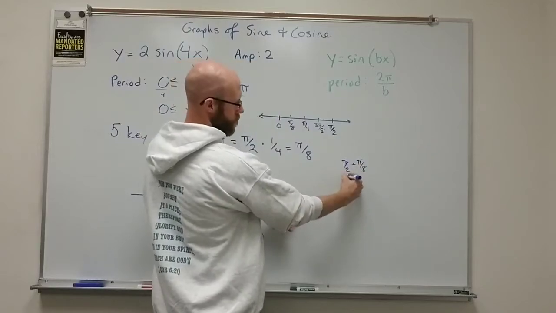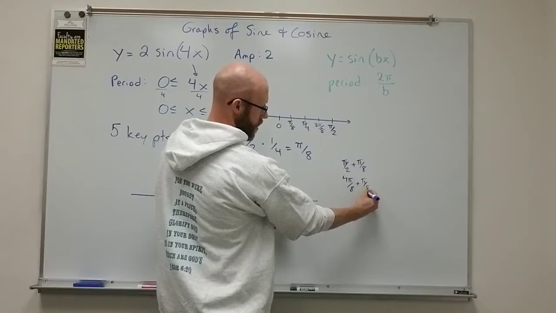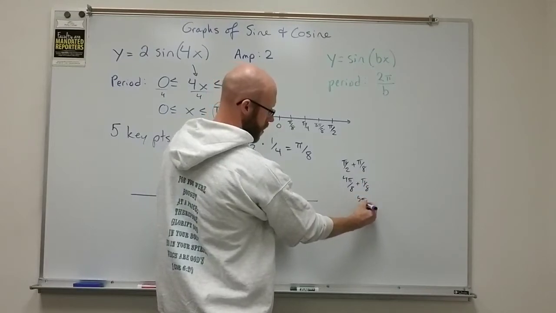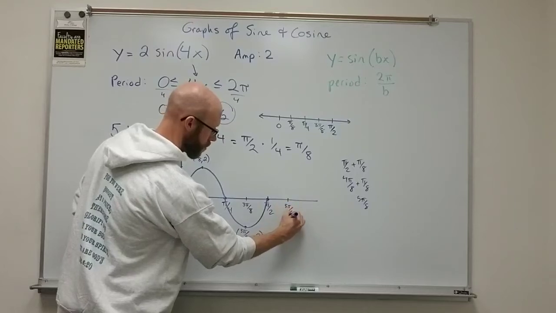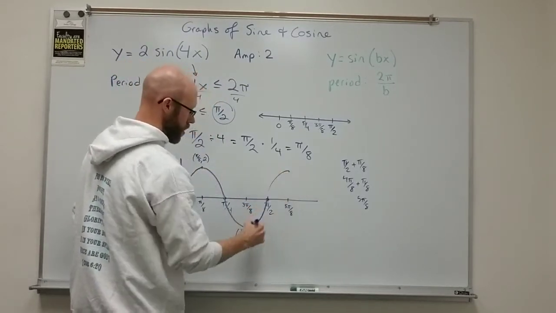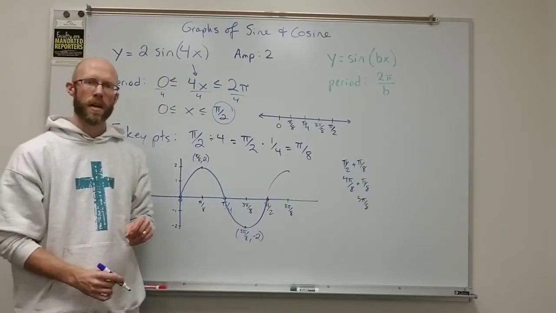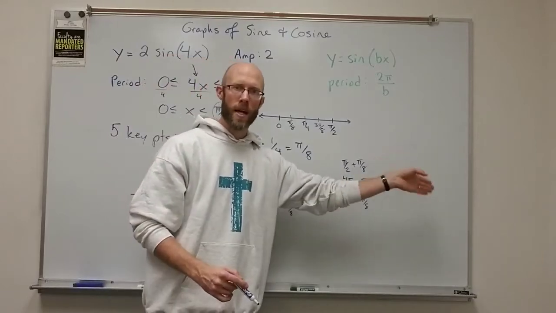Well, pi over 2 is really 4 pi over 8 to get the LCD. And so that gives me 5 pi over 8. So that would be my next point out, 5 pi over 8. And I would need a point up at 2. And then I could draw that in, okay? So again, you're adding pi over 8, adding pi over 8, adding pi over 8.